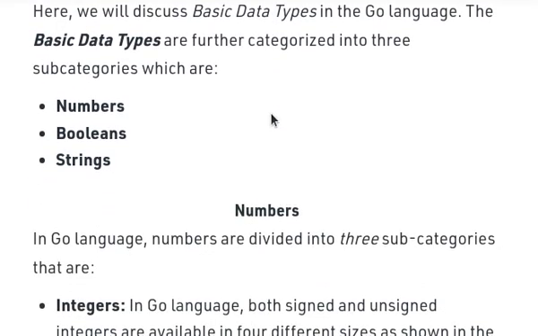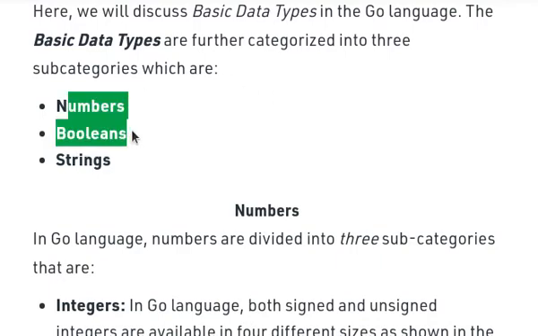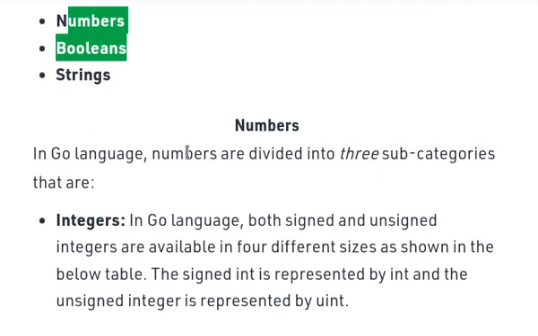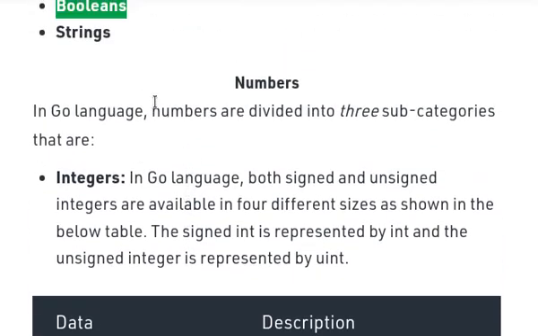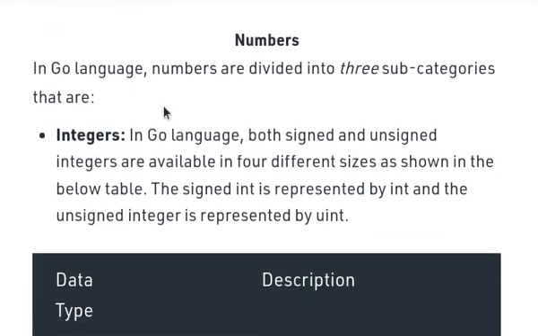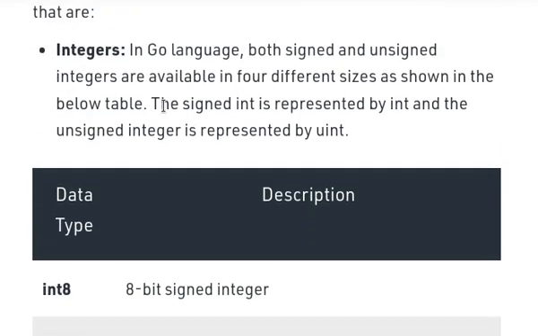Then in basic types we have numbers, booleans and strings. For numbers, we can have integers, or float values, or sometimes complex numbers also. So we will see integers here.